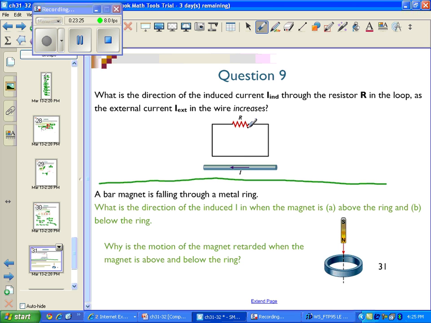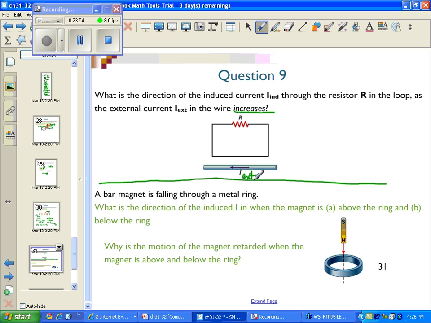We have a coil with a resistance and no battery, nothing connected to it, but there's a long wire beneath it that carries a current. And the question is, what is the direction of the induced current through the coil with the resistor R when this current right here, which is external to the coil, is increasing?